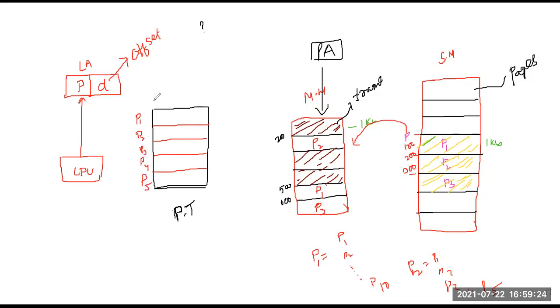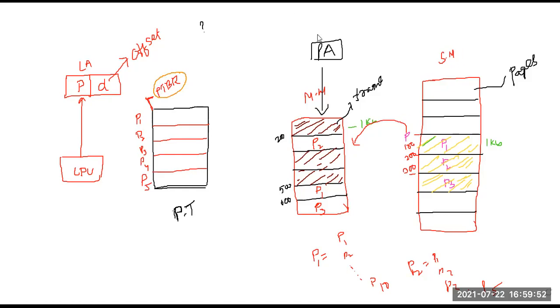And the base address of the page table is represented by the PTBR, the page table base register. The page table base register is responsible for finding the base address of the page table. Remember, PTBR is a register which stores the base address of any page table.